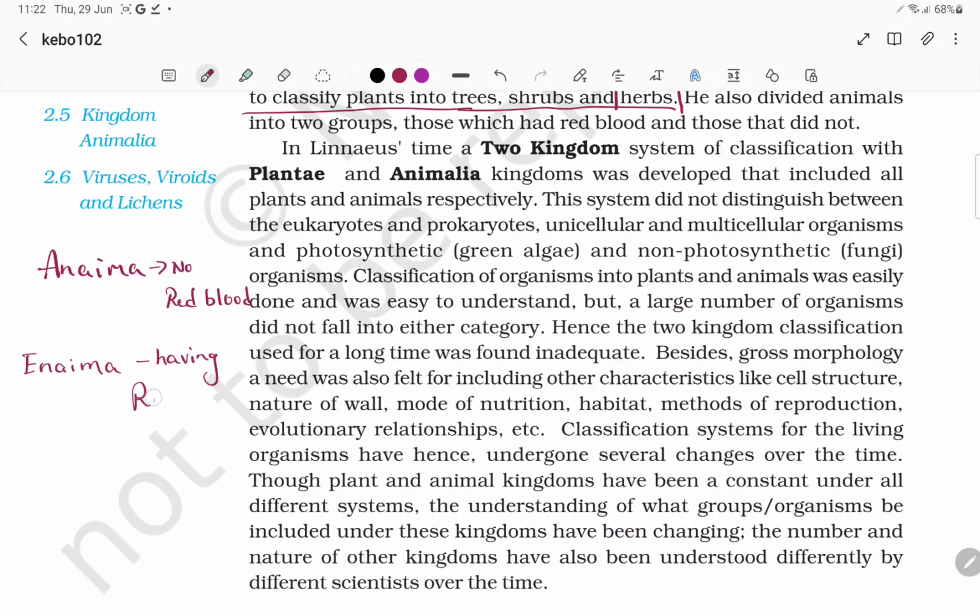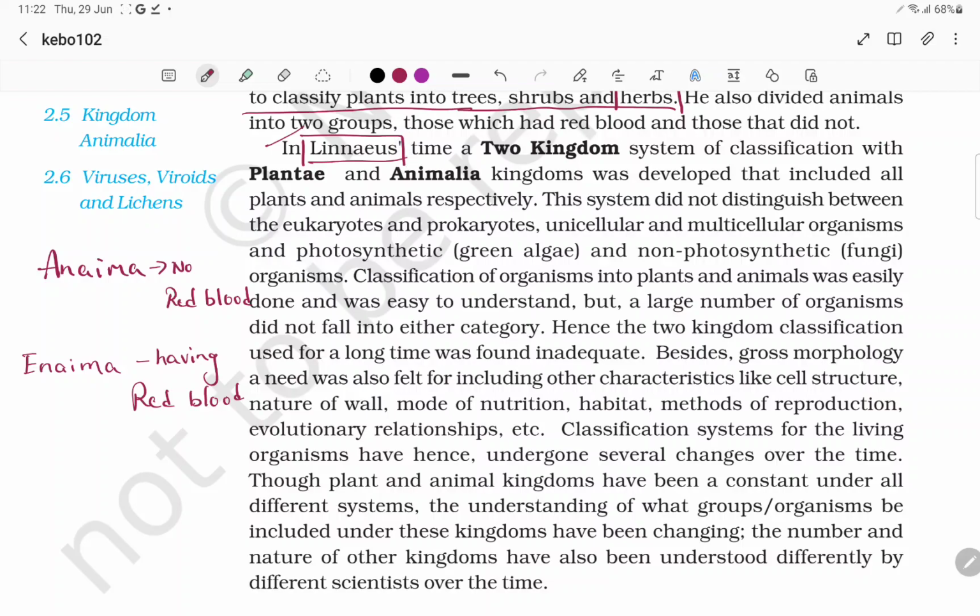Got it? And the next attempt was made by Carolus Linnaeus. We already know him. He is the father of taxonomy. He is the one who gave the two kingdom classification. He is the one who gave the artificial system of classification as well.